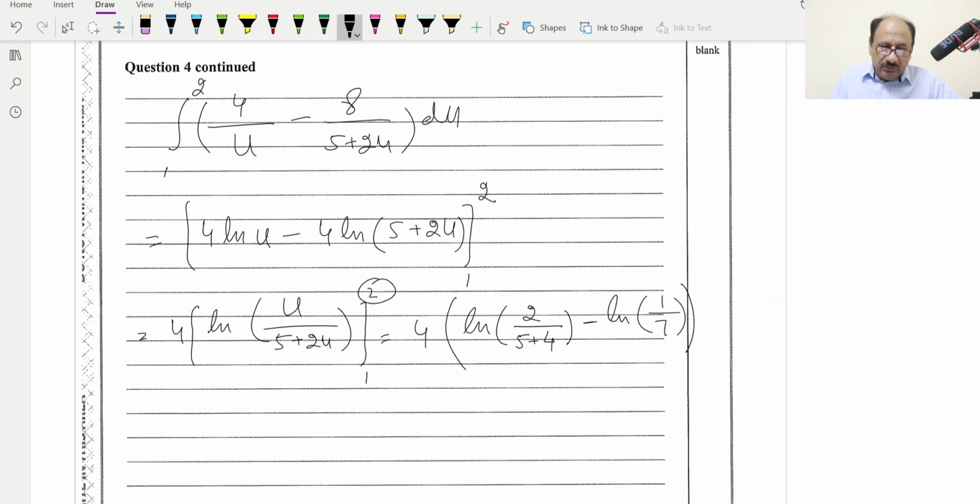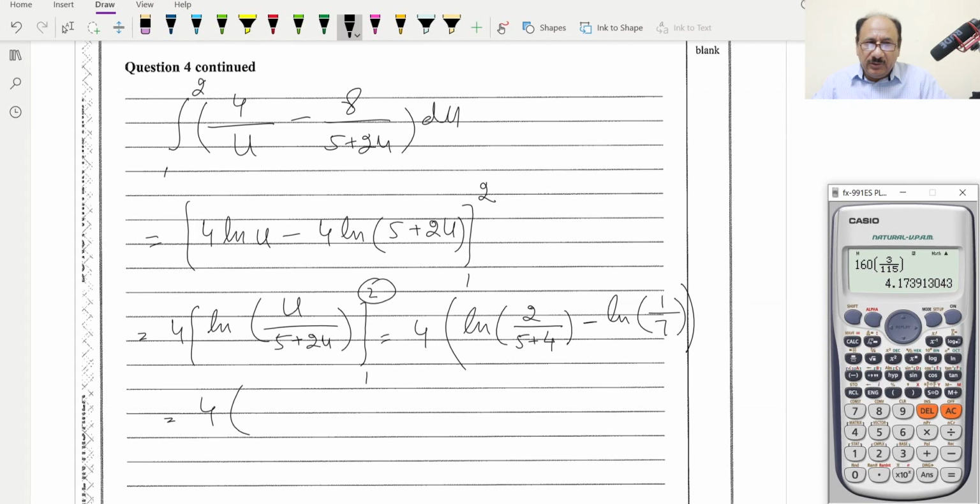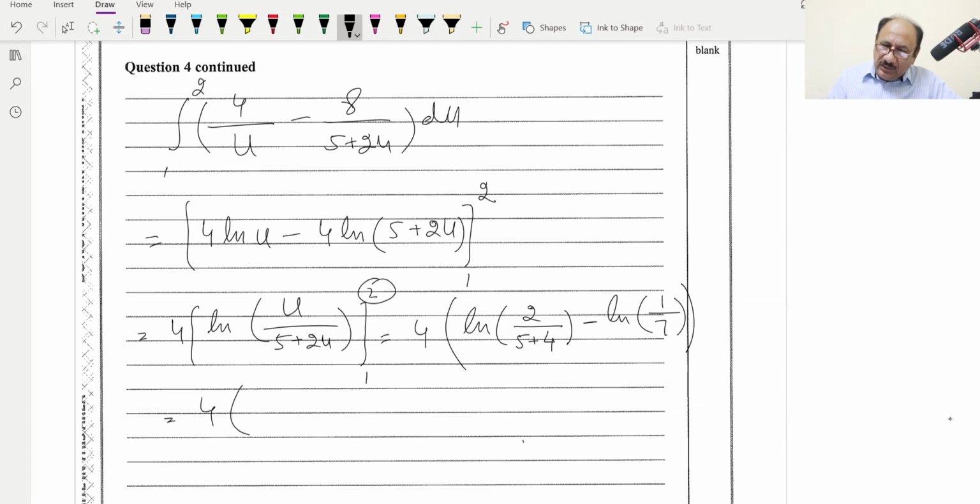First we can apply log m minus log n again, so it will be log of 2 over 9, since 2 over 5 plus 4 is 2 over 9, over 1 by 7.